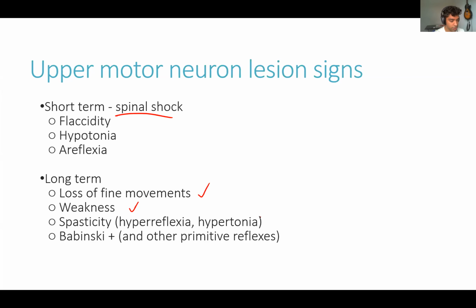It leads to spasticity, which I've mentioned, and hyperreflexia. I'll discuss why damage to the upper motor neurons causes increased tone. It also leads to a positive Babinski reflex and other primitive reflexes, because those primitive reflexes are normally inhibited by our upper motor neurons. So when the upper motor neurons get damaged, those primitive reflexes come back.